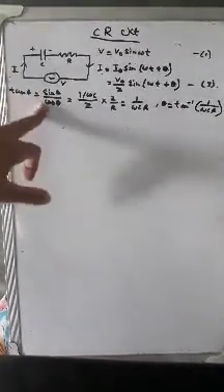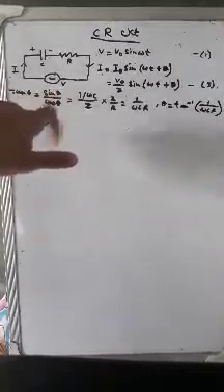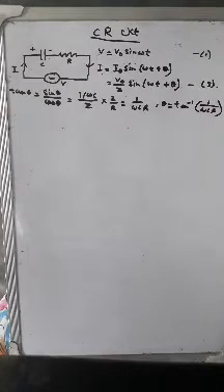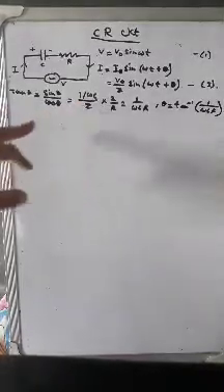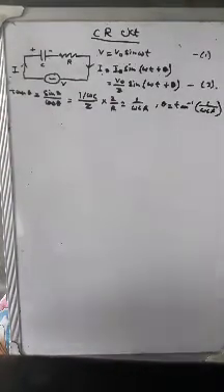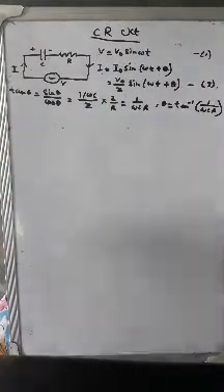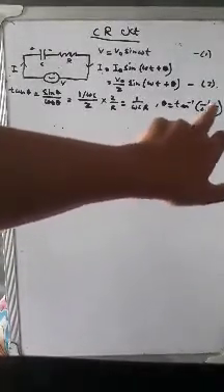While doing the derivation, I took sine theta as 1 by omega C by Z and cos theta as R by Z. So I take tan theta so that I can put in both values. Understood? So finally I am getting theta as tan inverse 1 by omega C R.